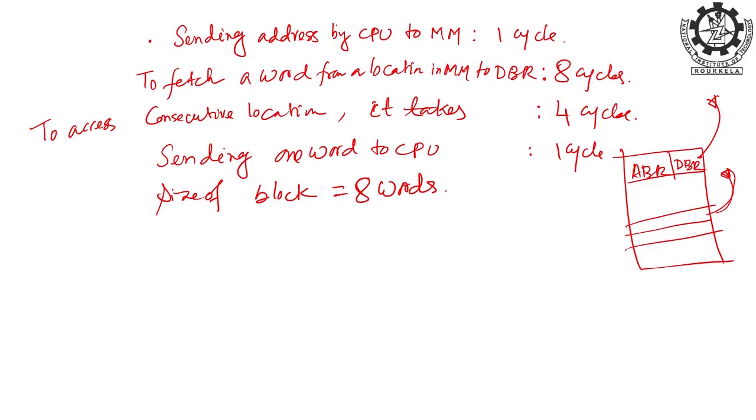So, what we want to say is how long it will take if we use the earlier scheme, and how many cycles it will take if we use the interleaving fashion of memory organization.